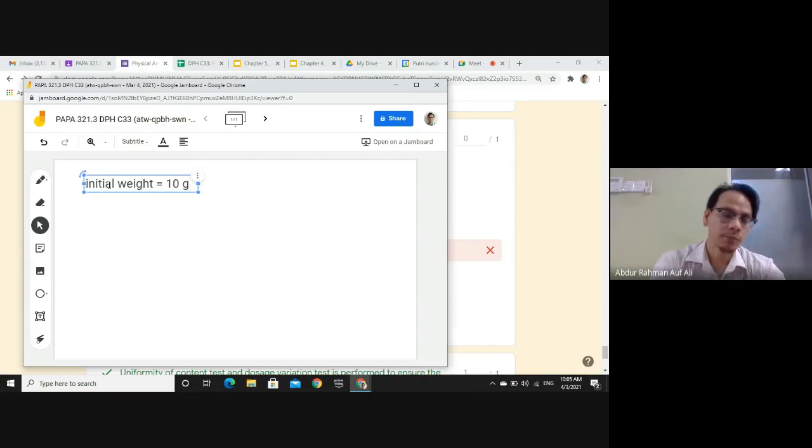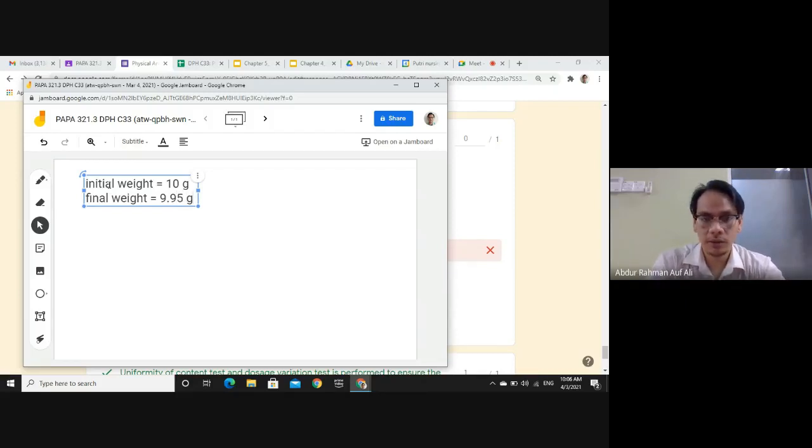Okay, kemudian kita perform friability test. Kita masukkan those 20 tablets dalam friability tester, dia akan rotate, dia akan hentak-hentak. At the end, kita akan dust off any habuk-habuk yang pecah-pecah tu. Kemudian kita timbang lagi sekali. So katakanlah final weight, dia dapat 9.95 gram.